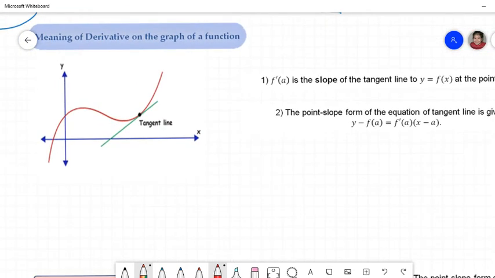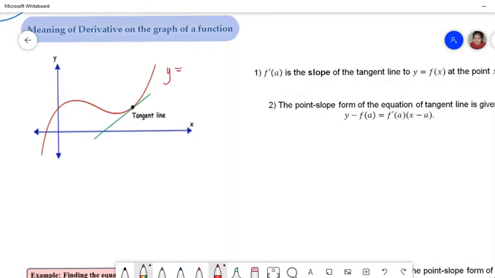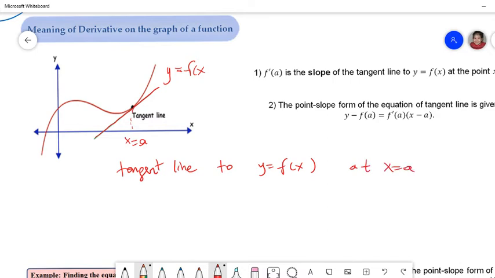Now let's look at the meaning of the derivative on the graph of a function. Assume this is the graph of the function f of x. When we say the tangent line to f of x at x equal to a, we mean this tangent line. The tangent line to y equal to f of x at x equal to a means the line touching the graph at the point a, f of a.